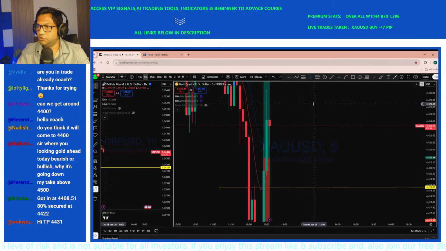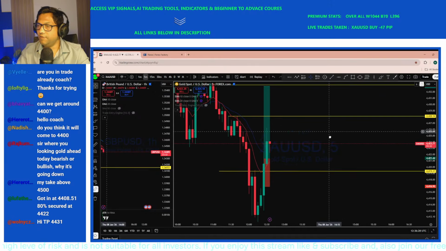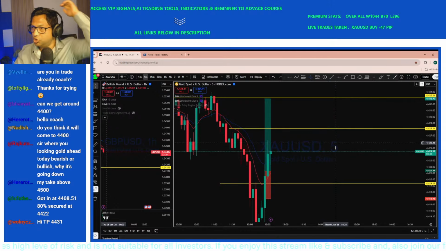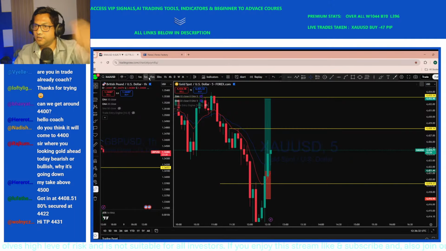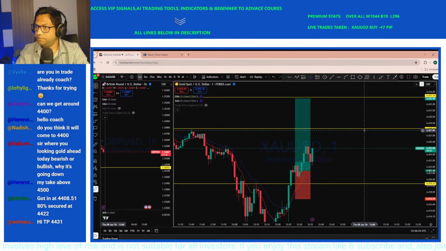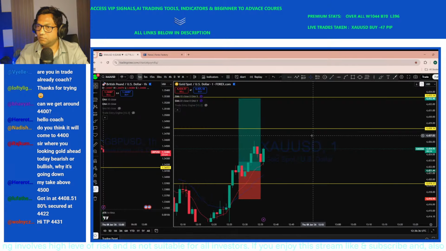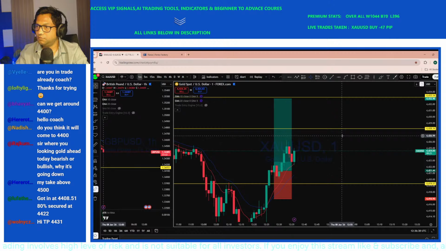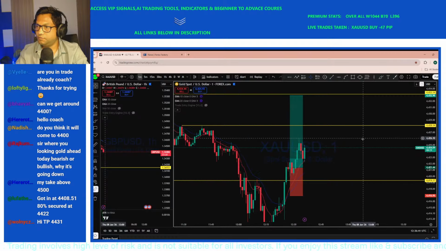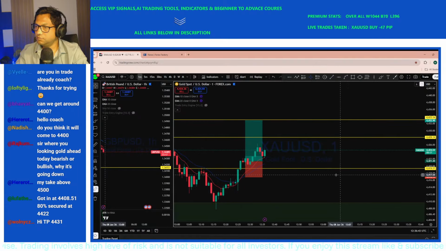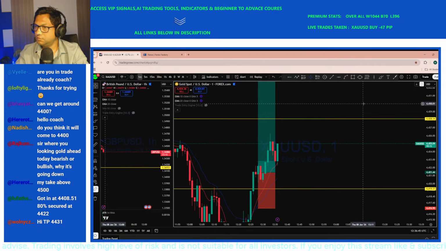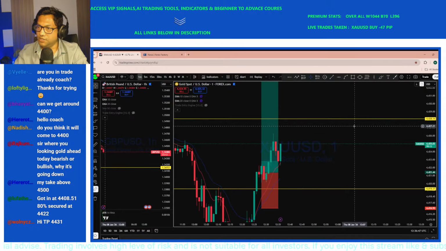Some rejection, which is good to see, that the market is having the rejection back above. We want to see that crossing 4428. Getting that mix up.